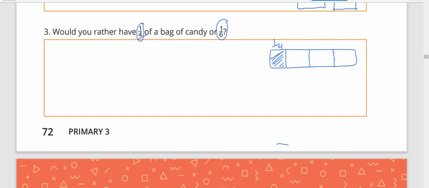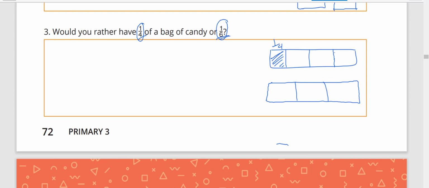Okay. Sixth. We want to represent a sixth. This bag, and we want to divide it into six sixths. First we divide it into three equal parts.